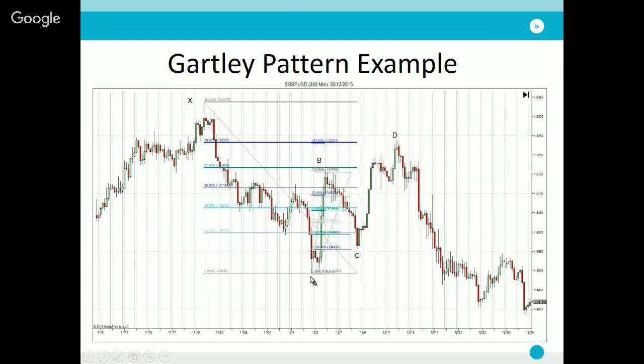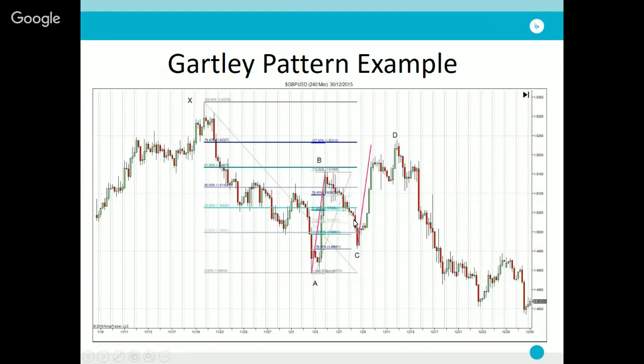So the length of the move from the AB leg looks to be the same as that from the C to D leg. Where we can identify this confluence between a symmetrical price move into the extension of the AB leg into a key Fibonacci retracement point, these are typically traded as Gartley patterns, although, as we just saw, they aren't defined as ideal Gartleys.